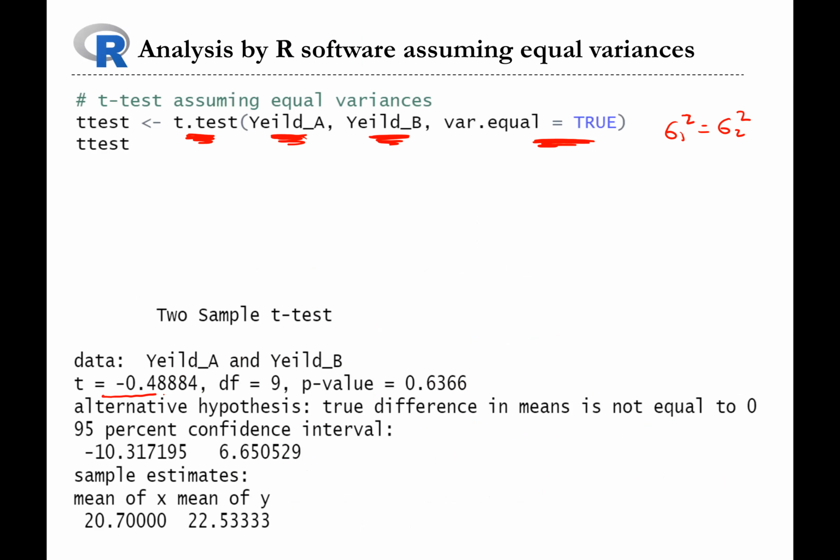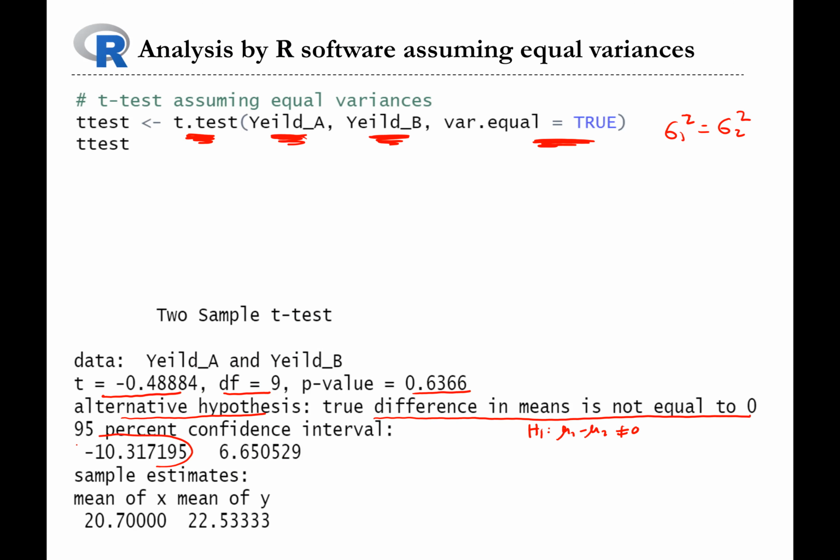This is the T0. This is the degrees of freedom. This is the p-value. And it says the alternative hypothesis is the true difference in means is not equal to 0. It means the alternative H1 or HA, sometimes you write HA, mu1 minus mu2 is not 0.